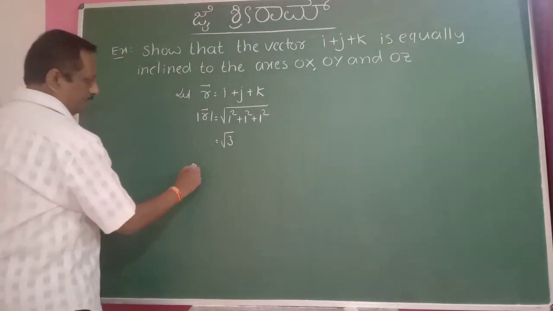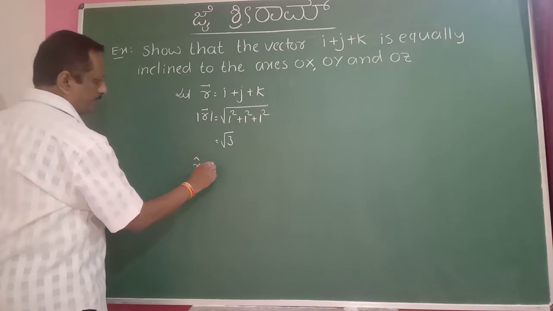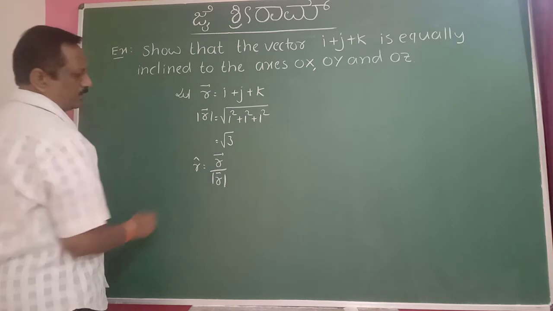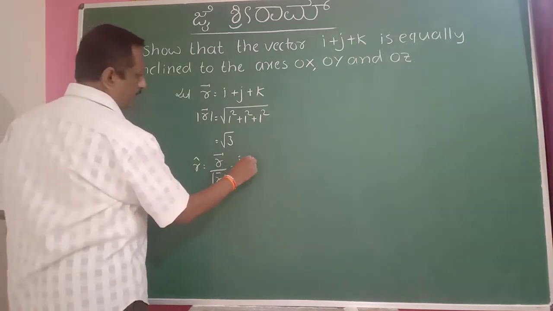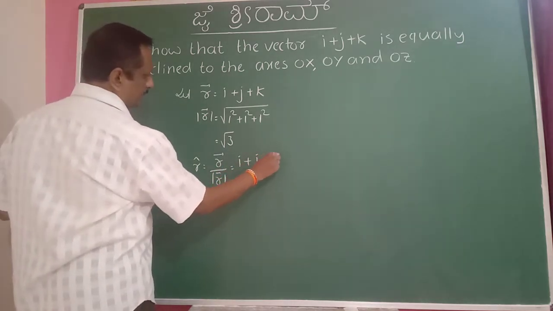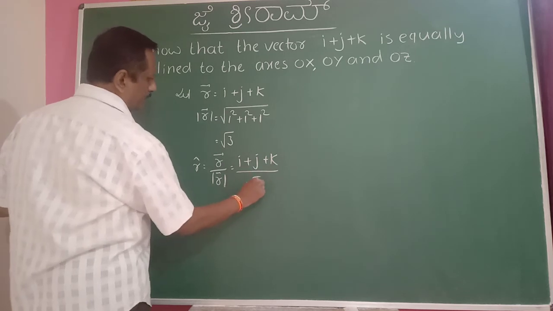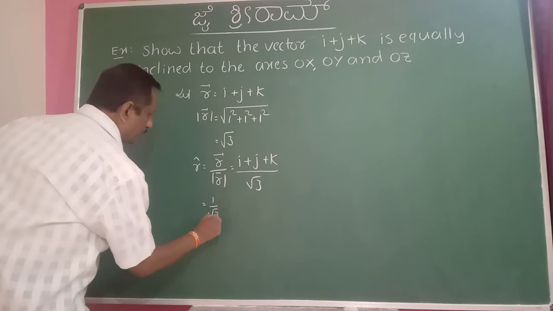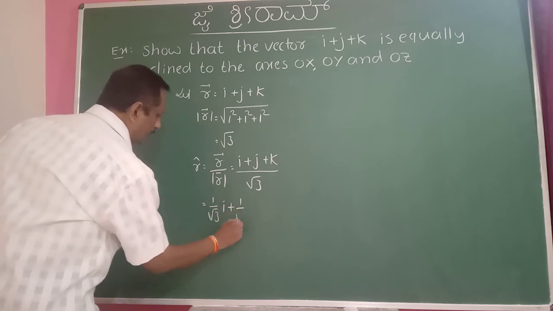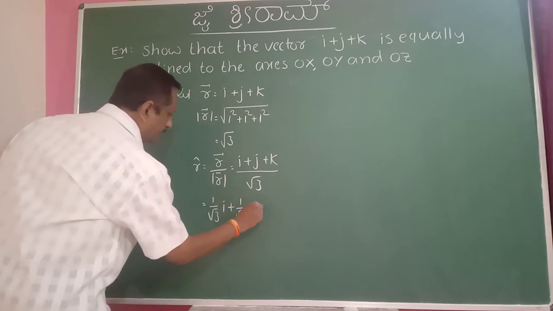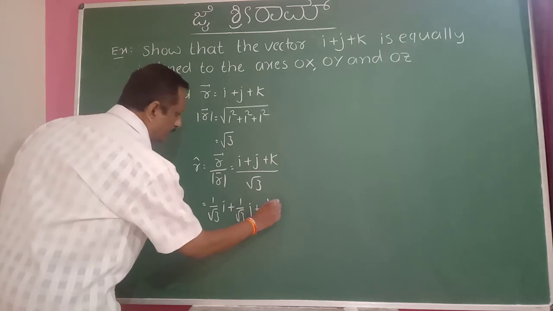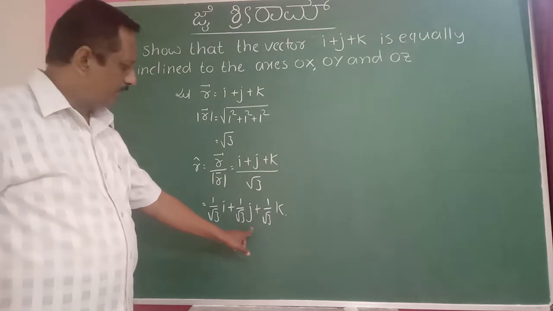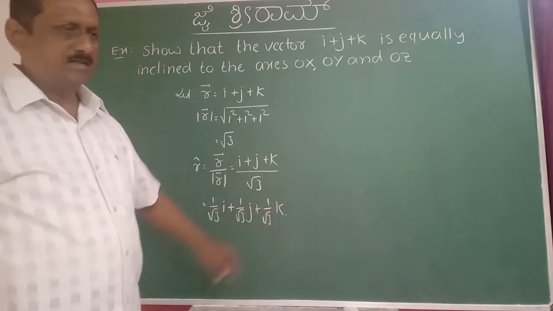Therefore unit vector r cap is r1 divided by modulus of r1, i plus j plus k divided by root of 3. So you can write 1 by root 3 i plus 1 divided by root 3 j plus 1 divided by root 3 k. Hence 1 by root 3, 1 by root 3, 1 by root 3 are the direction cosines.